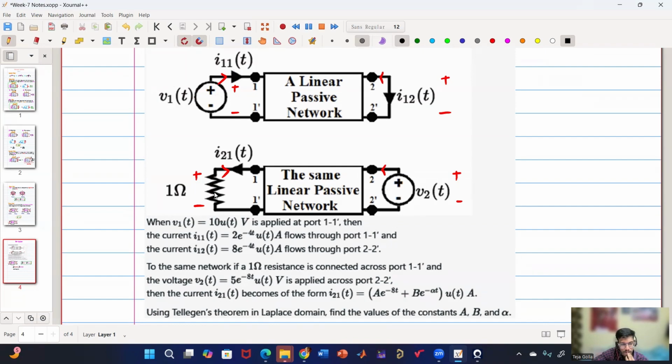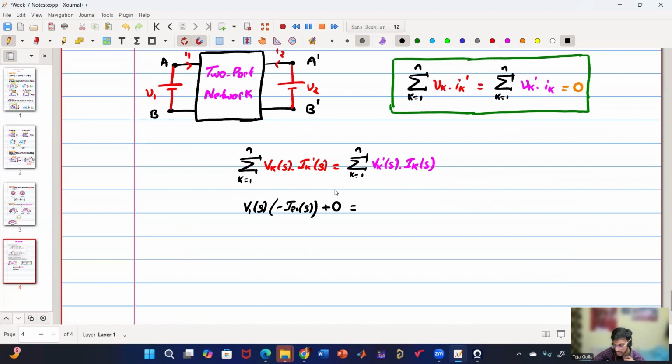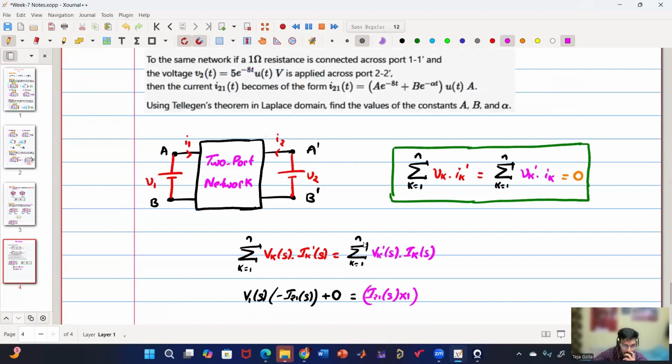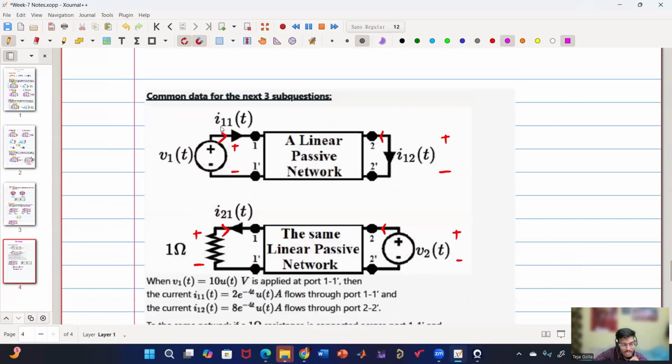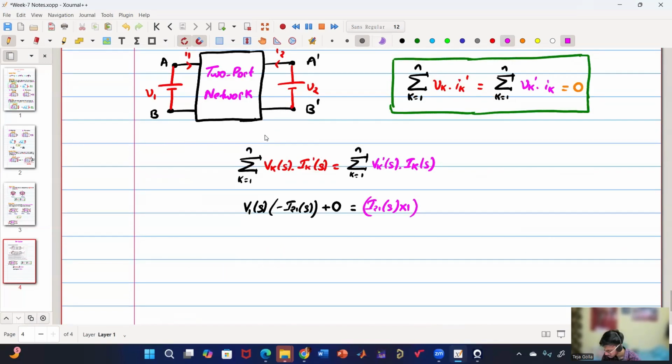So it is Vk dash is I21 of S, and this is the voltage into 1. So no confusion. Voltage into current of the first branch. Current of the first branch is in the same polarity. So I11 of S.